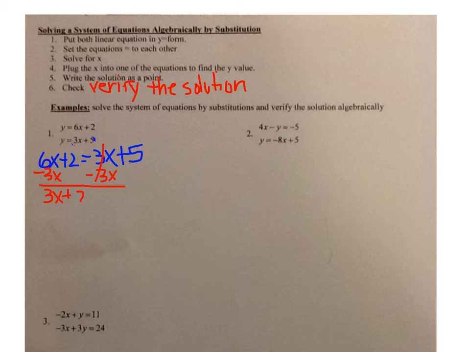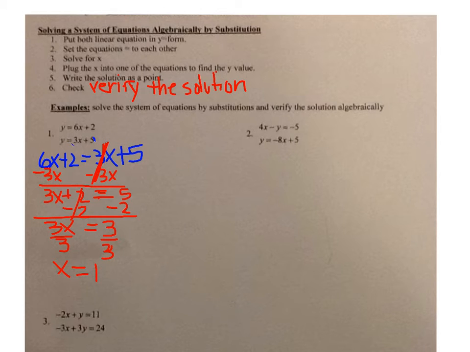Plus 2 equals, the 3x minus 3x cancels, equals 5. Now I'm going to minus 2 from both sides. So I have 3x, the 2's cancel, equals 5 minus 2 is 3. Divide both sides by 3. X equals 3 divided by 3 is 1.